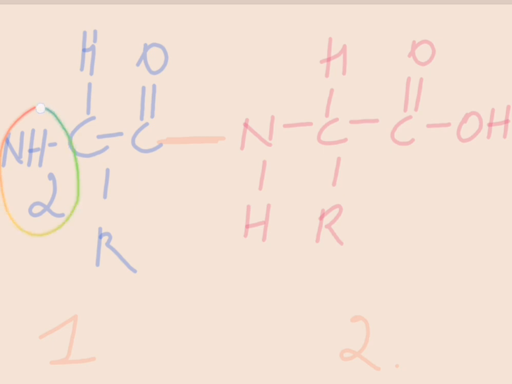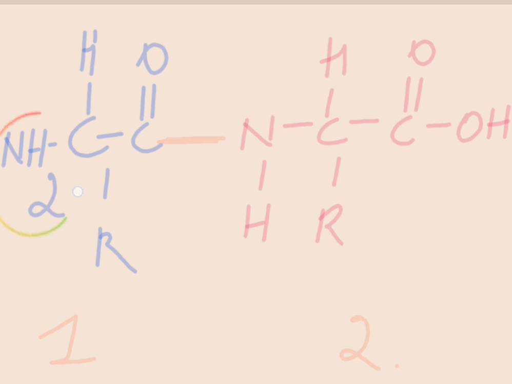This is an N terminal, and this side is amino acid 1 and amino acid 2, and then amino acids will be continuously added to the next amino acid, right? So this COOH will now take part in the formation of a peptide bond with the next amino acid, and also with the NH2 of that next amino acid. So I hope you're able to understand what I'm trying to say.